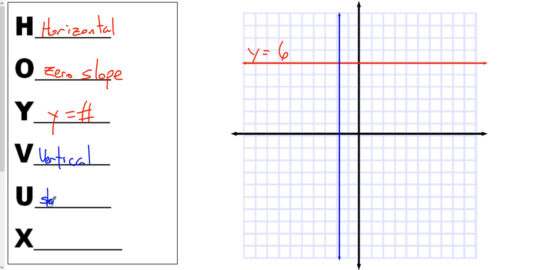So my slope is undefined. And the x, so like the equation of this line here, is simply x equals -2. So the x means that the equation of the line is simply x equals a number. And so this is just a quick way to remember horizontal and vertical lines, because they're just kind of special case scenarios.